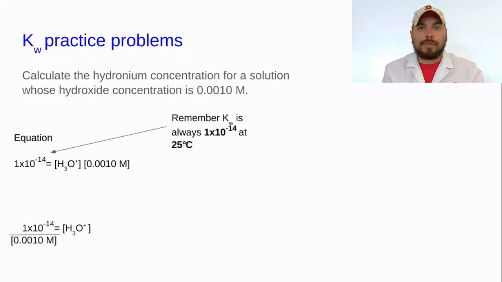I take the Kw, I divide it by my concentration of hydroxide, and I get my concentration of H plus, which is 1 times 10 to the negative 11th moles per liter. So again, I've used the concentration of OH minus that I've been given, along with the Kw expression, to find the concentration of H plus.